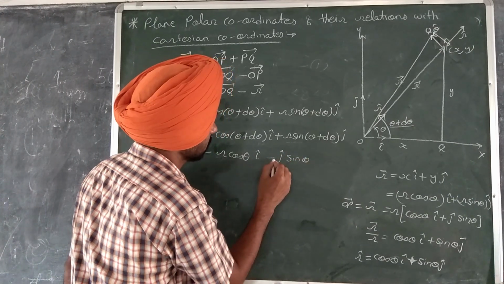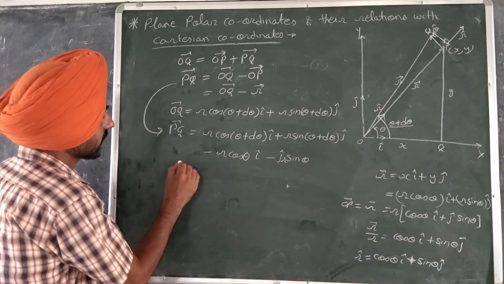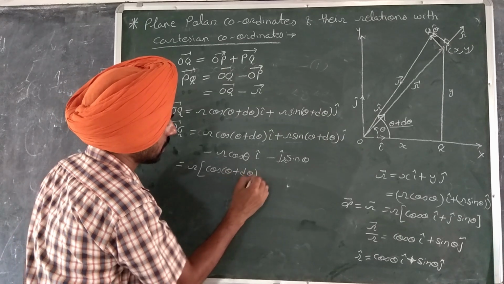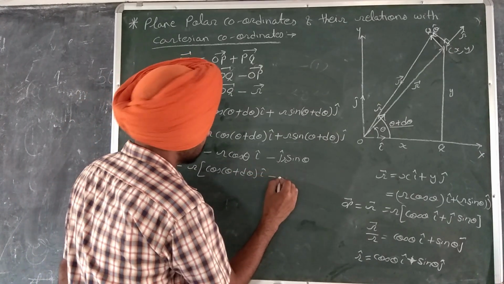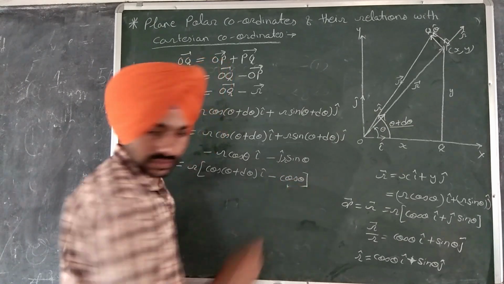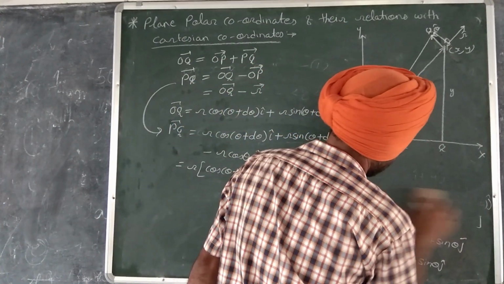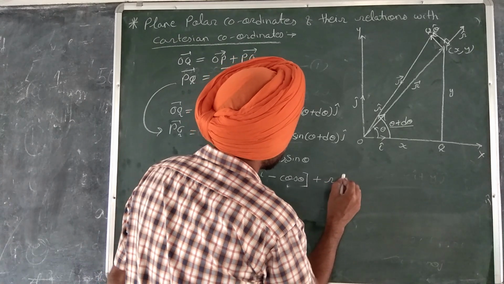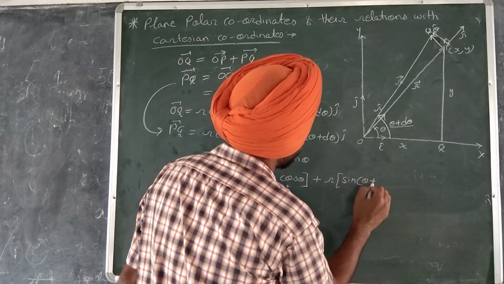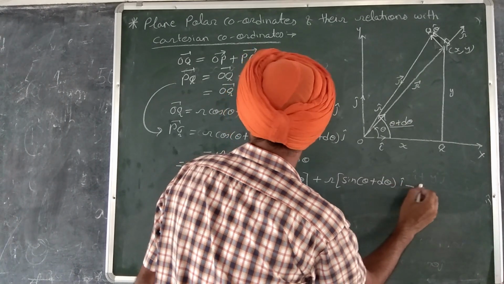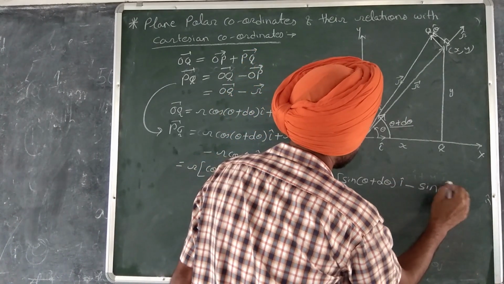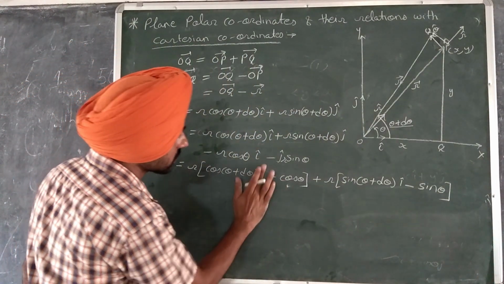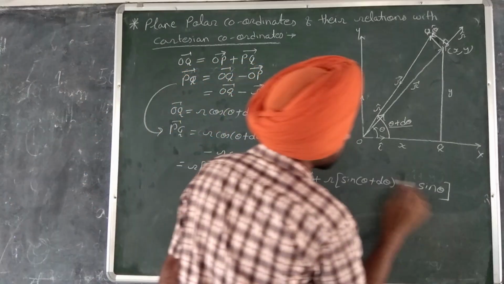So we can rewrite this equation as R[cos(theta plus d theta) minus cos theta] i cap plus R[sin(theta plus d theta) minus sin theta] j cap. For cos(theta plus d theta) minus cos theta, i cap is common.